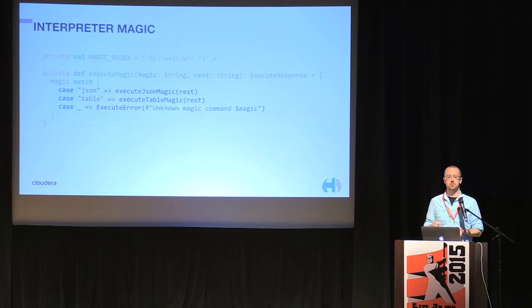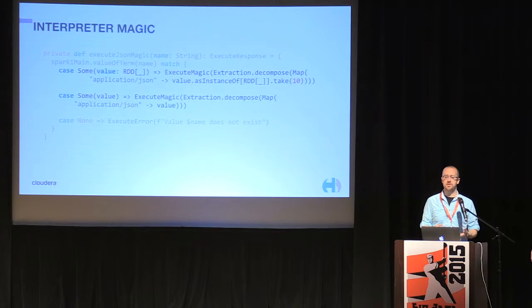The end user will enter in something like %json and then a variable name, and it will try to convert that value into JSON. Or the other option here is a table command where it'll try to tablize the value, so rows and columns, and each column has a name and has a type that we pass along to Hue.